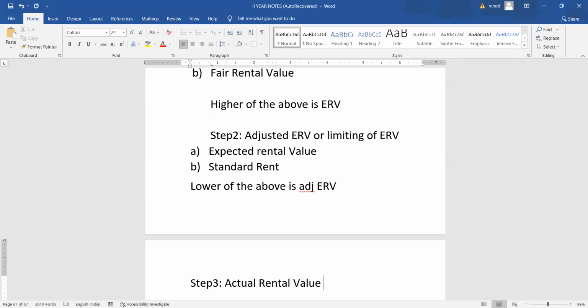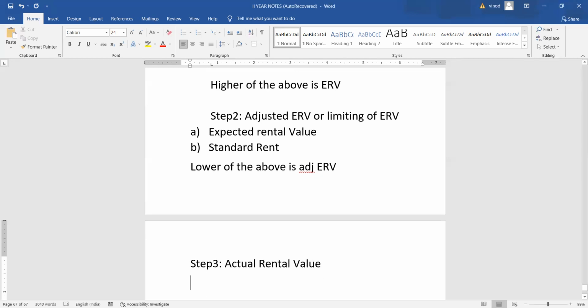We can calculate actual rental value by multiplying the amount per month with the number of months. In some of the problems, they'll give the actual rent per annum directly. At that time, we need not multiply with the number of months. This is the third step.